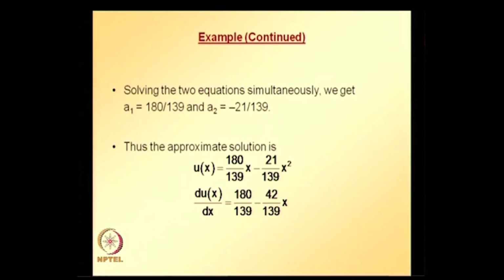For this particular problem we can also easily find the exact solution for u, and from there the exact solution for the derivative of u. To compare how the approximate solution matches the exact solution, the approximate solution of u is obtained by substituting the a1 a2 coefficients into the admissible trial solution, and taking its derivative we get the derivative.